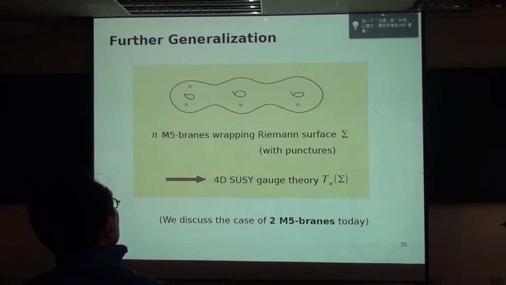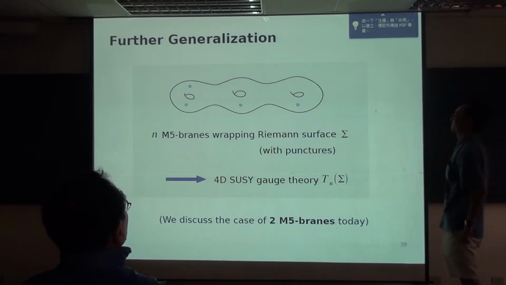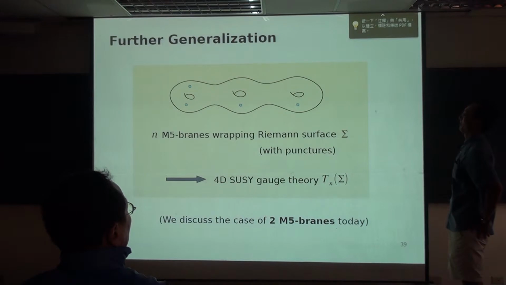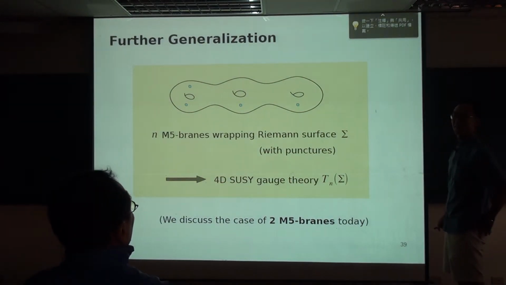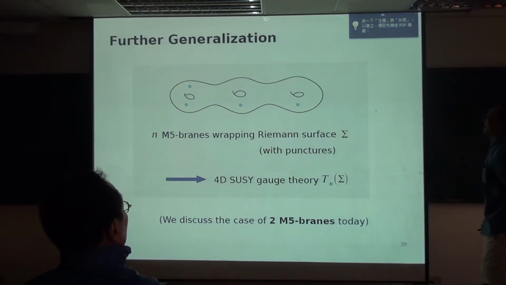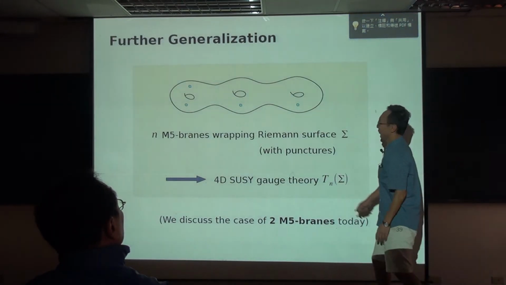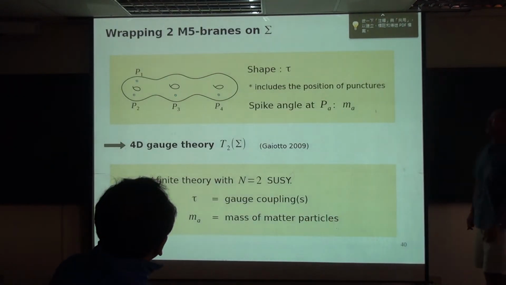We can think about Riemann surfaces without any puncture, but the puncture at least is not clearly defined, and if membranes have punctures, then what happens to topology? Let me discuss a little bit about that point in the next transparency.